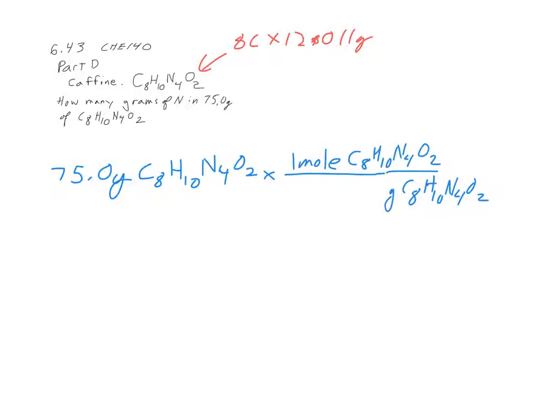I've got 10 hydrogens, each at 1.008 grams. I've got 4 nitrogens, each at 14.0067.